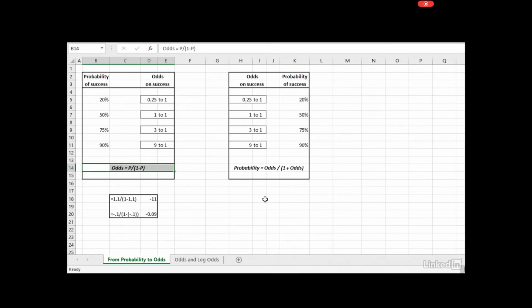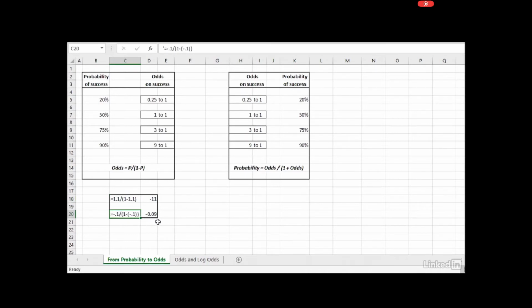Now, if you take a look at that formula, you'll see the reason why. For example, let's say that we had a probability of 110%, that is 1.1. Well, if you complete the formula, the divisor is 1 minus 1.1, and the result is minus 11. So that's one way to get a negative odds ratio, but unfortunately, it involves using an illegal value for the probability.